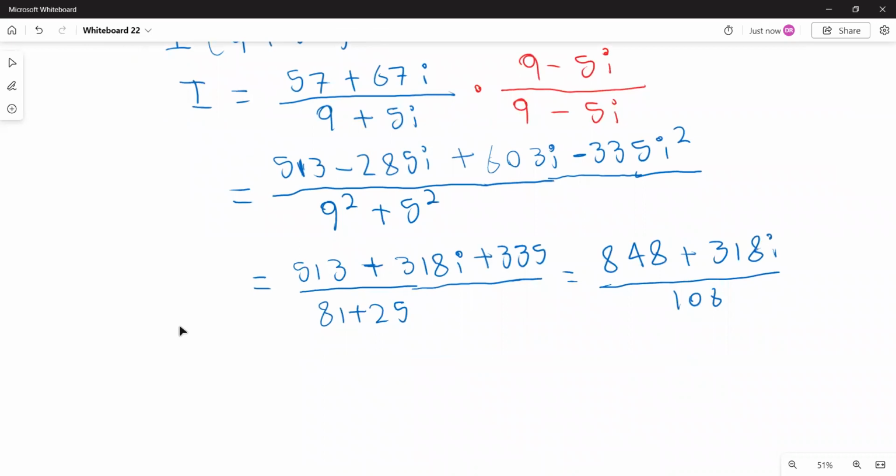We're just going to separate the terms and write in the form a plus bi. This is 848 over 106 plus 389 over 106. But 848 over 106 is going to be 8.